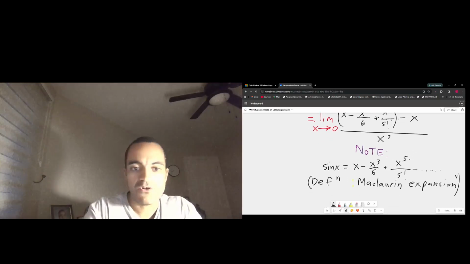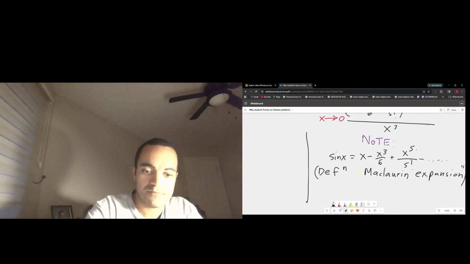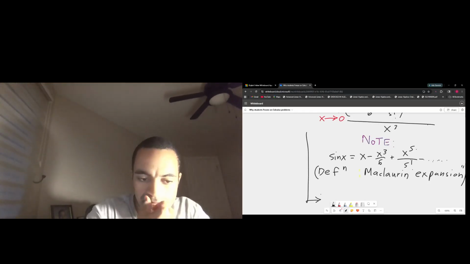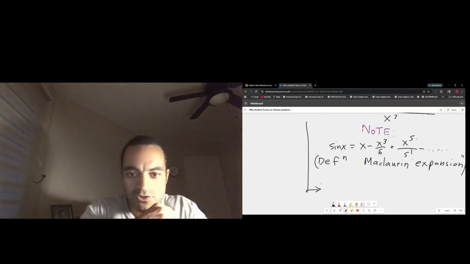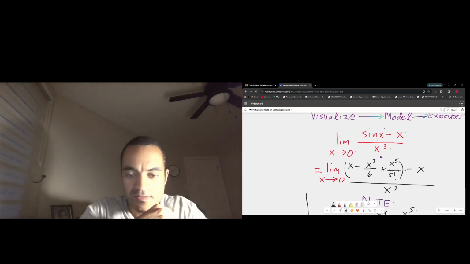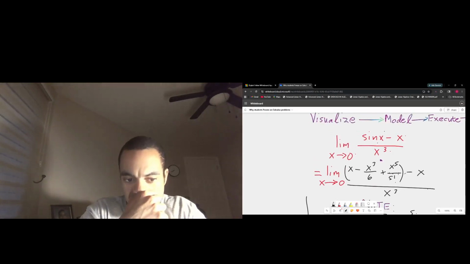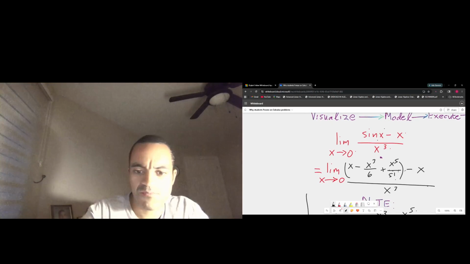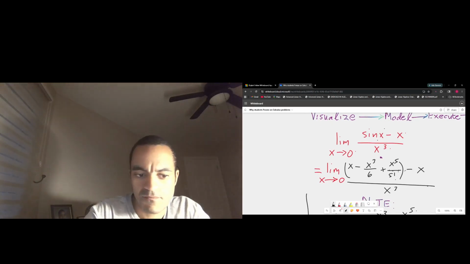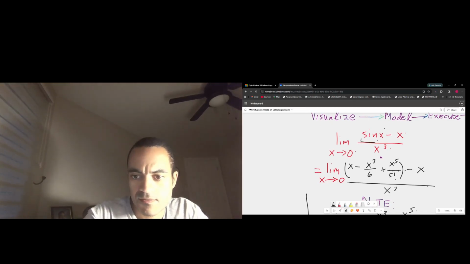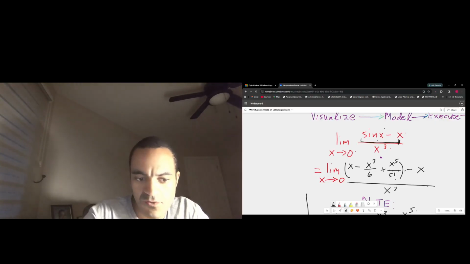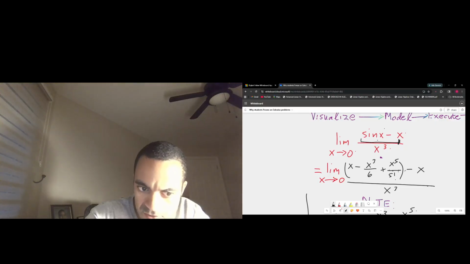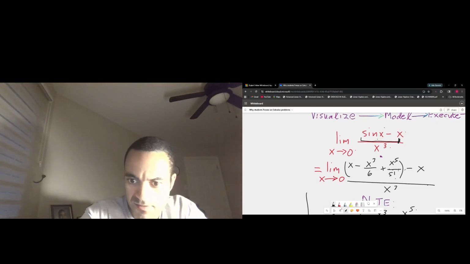And the key thing here is to notice that this limit, what you want to do is notice that sine x minus x is just going to be x to the 3 minus x to the 3 over 6 plus x to the 5.